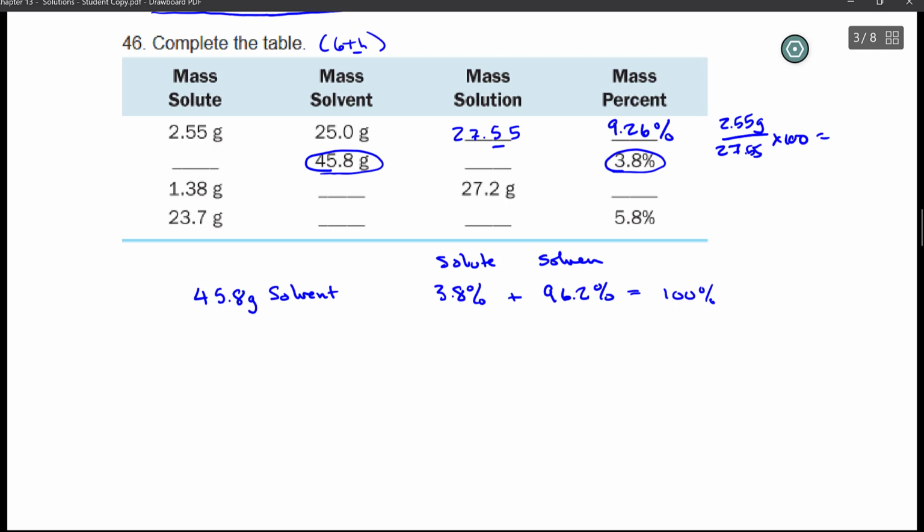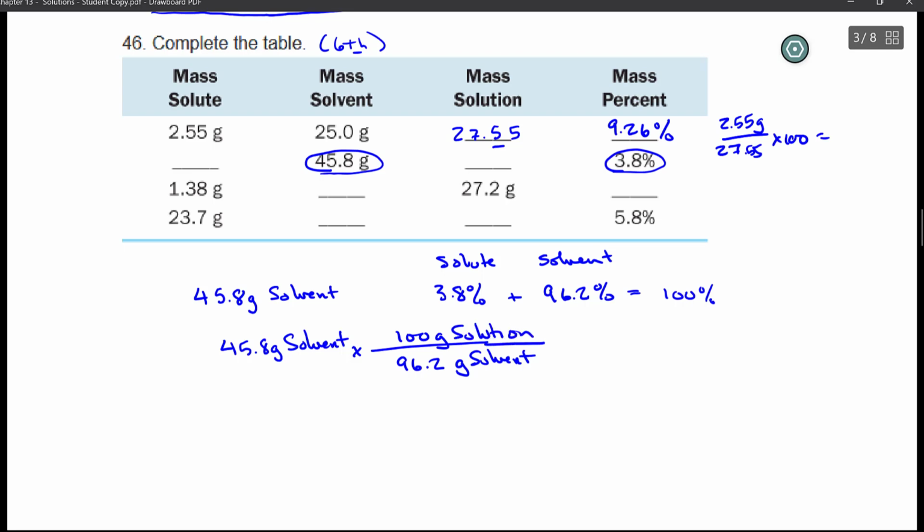So I looked at the solute percent and said, well, I need to know the mass of the solution or the mass of the solute. Let's go ahead and do the mass of solution first, and then I'll show you there are many ways to do this problem. So I have 45.8 grams of solvent, and the percent means 96.2 grams of solvent for every 100 grams of solution.